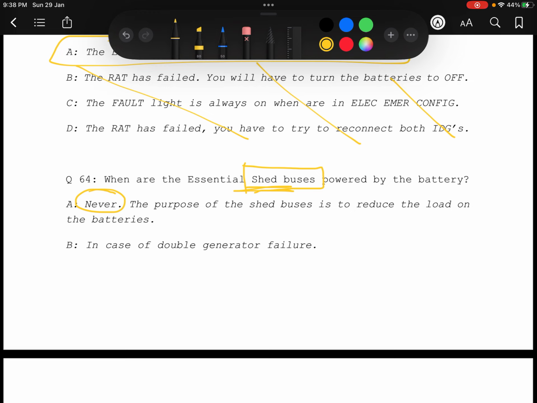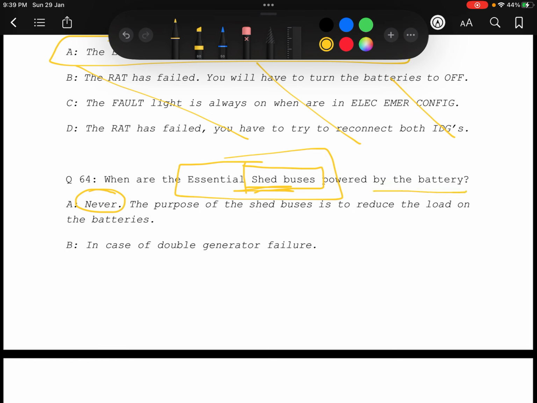Let's say there are some systems you need to energize, so we keep those systems on the essential buses. But in the worst situation when the batteries are the only source, they have further prioritized the systems, saying that now the batteries are the only source, we won't be able to give you electricity, so we are shedding you. So these kinds of loads are on the essential shed buses, correct?